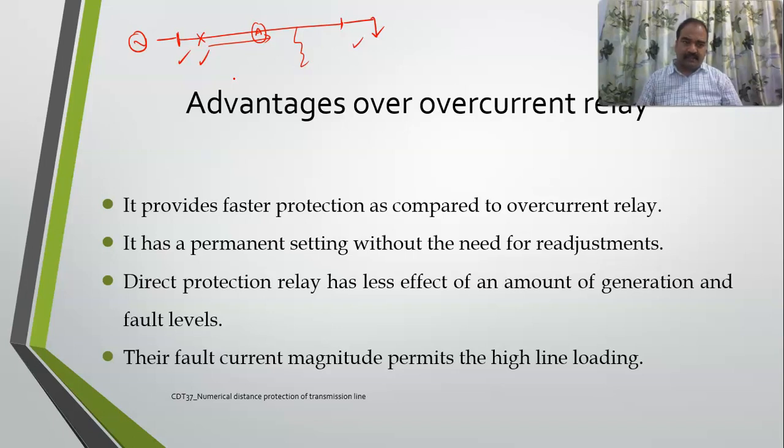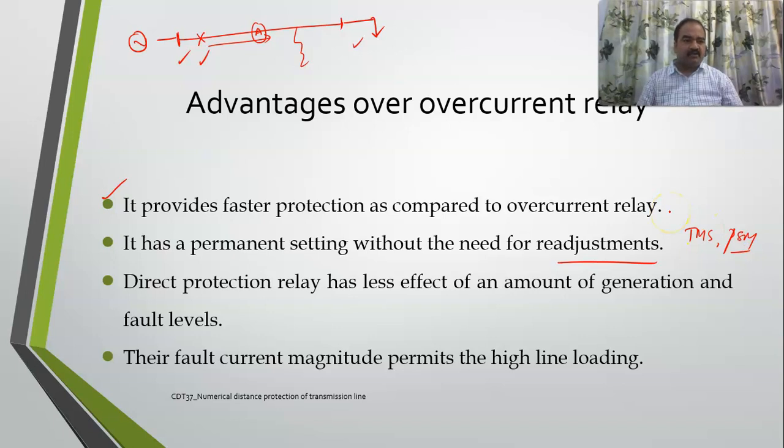So distance protection, as already said in the previous lecture, is very fast. It only measures voltage and current, then just takes a ratio and compares it. So it is a little bit faster when compared to the overcurrent relay. So the first thing is operating time. The second thing is, in case of an overcurrent relay, you need to have settings of TMS and PSM, plug setting multiplier, etc. So many things will be there.